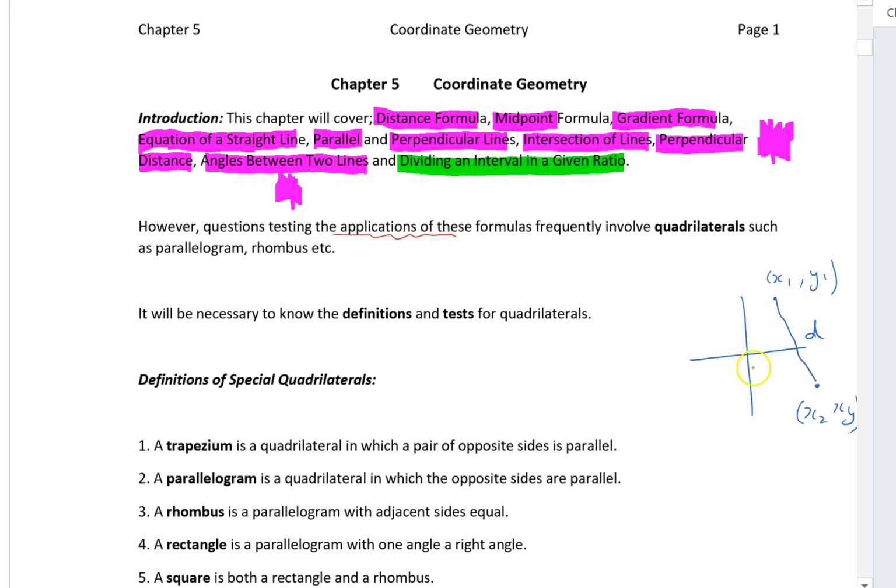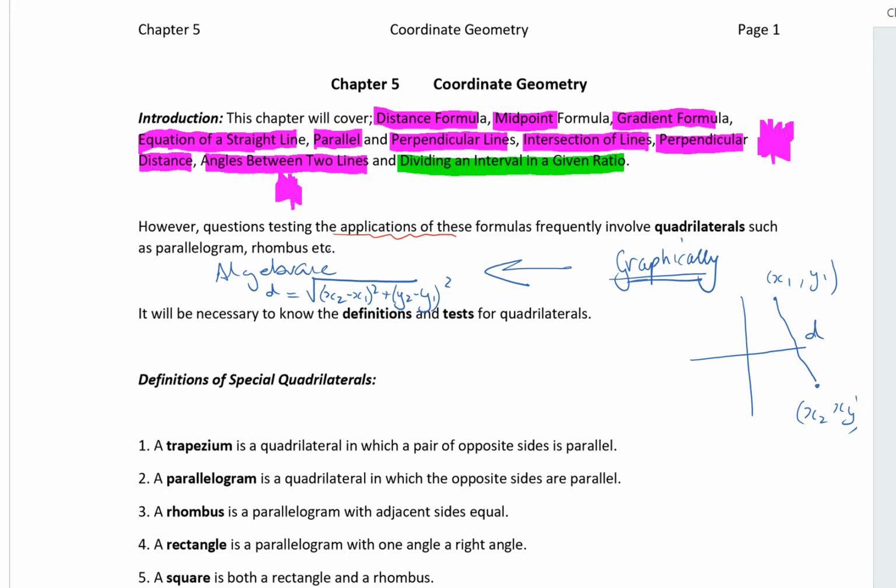We can represent the situation graphically, and you will rarely ever approach a topic where you don't connect your graphical understanding of what's going on back to your algebraic understanding, and the algebraic understanding of the distance formula is the distance between 2 points x1, y1 and x2, y2 is the square root of x2 minus x1 all in the bracket squared plus y2 minus y1 all in the bracket squared.